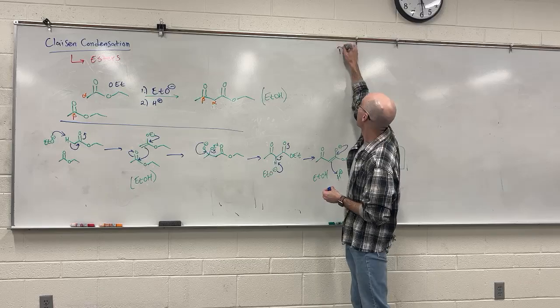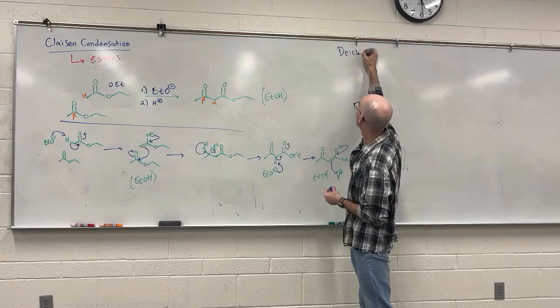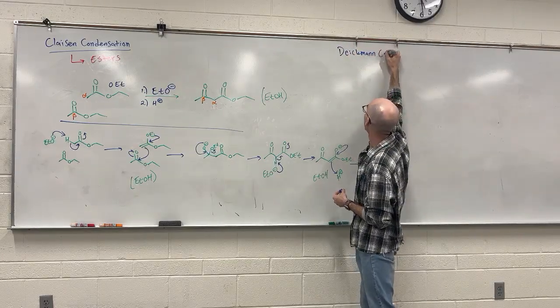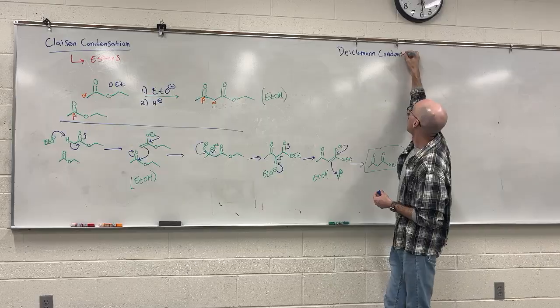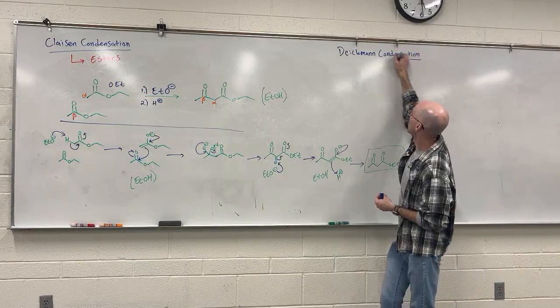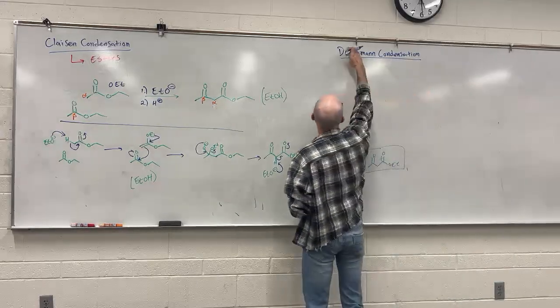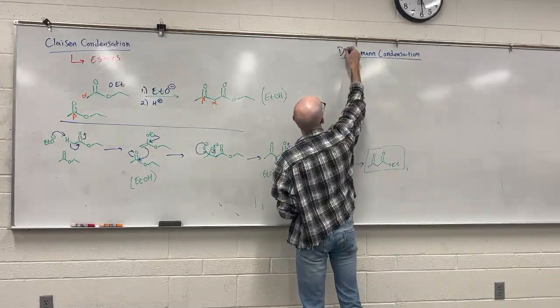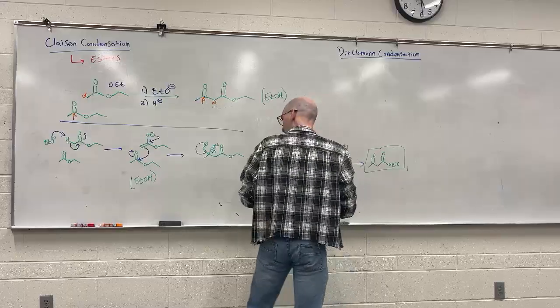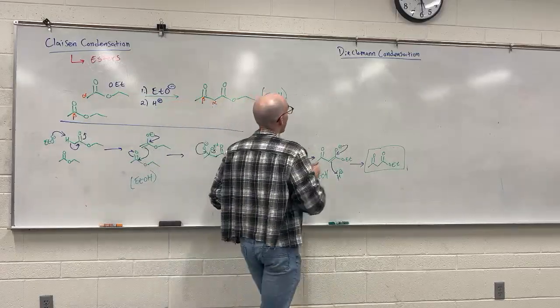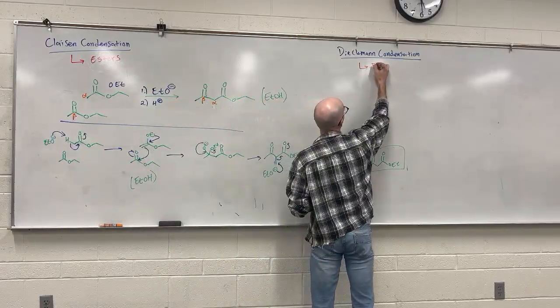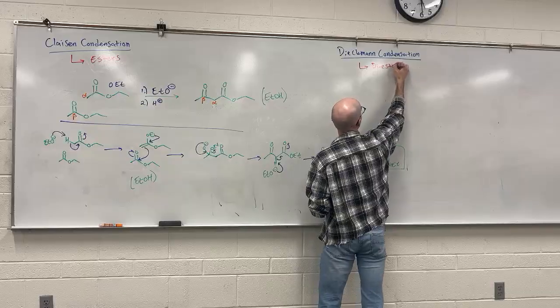Now, unlike Claisen, we have the Dieckmann condensation, and I'll be honest, I always spell it wrong, so I'm going to guess that my E and I are backwards. Can you trust that I spelt it right on there? Dieckmann condensations require diesters.